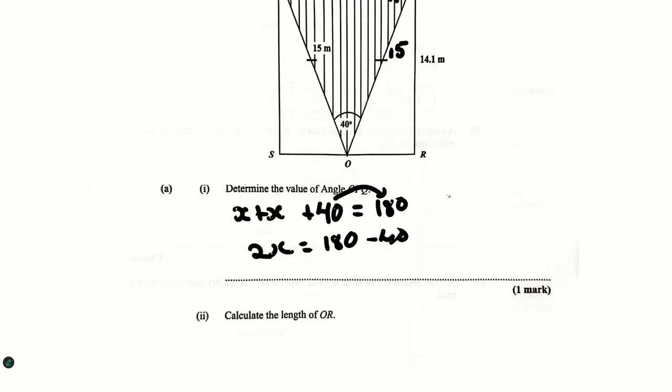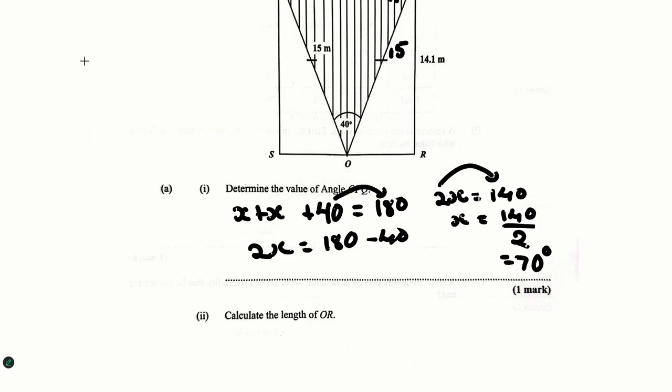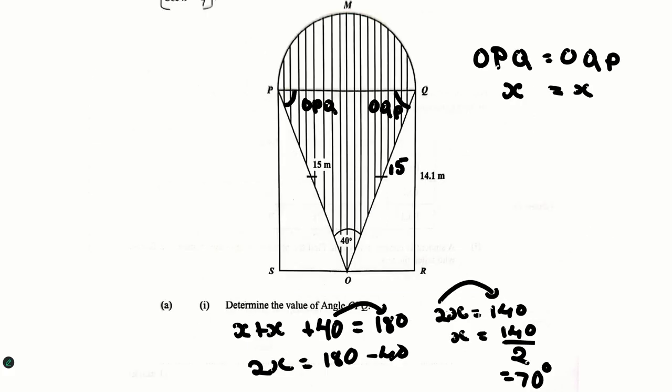So I know that 2x would be equal to 140, and I want to make x the subject. I carry across, multiply by 2, which turns to 140 divided by 2. 2 could go into 14 7 times, and 2 could go into 0 times. So we know that this angle here is going to be 70, and this angle here is going to be 70.